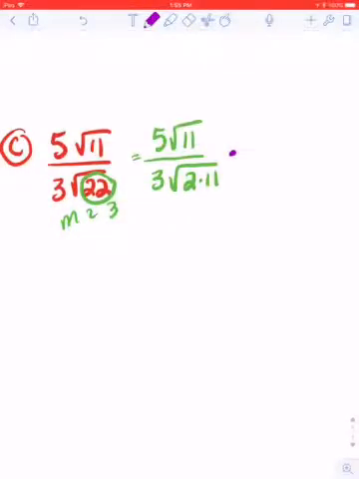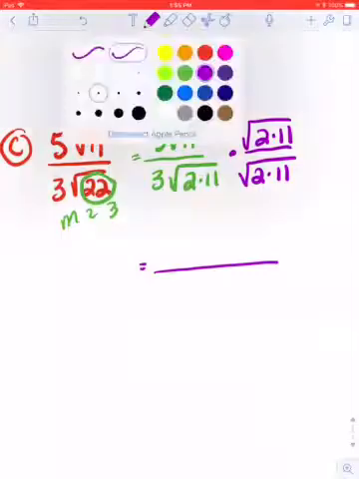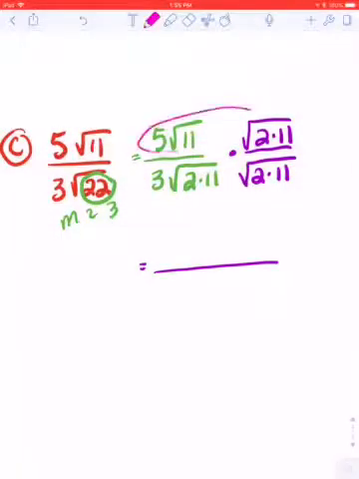Now I need to have pairs of things that are underneath the radical, not in front, underneath. So I would need another 2 and I would need another 11 for them to be able to have partners in the bottom. Now remember, whatever I do to the bottom, I have to do to the top. So now we need to take ours and get all of this together.